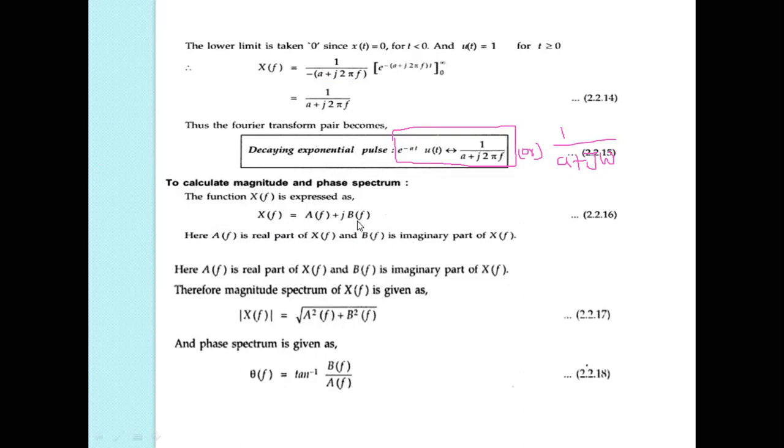And the phase spectrum is tan inverse of B of f divided by A of f. You already know how to find the magnitude and the phase for a given rectangular form x plus iy: the magnitude is the square root of x square plus y square, and the phase is tan inverse y by x.